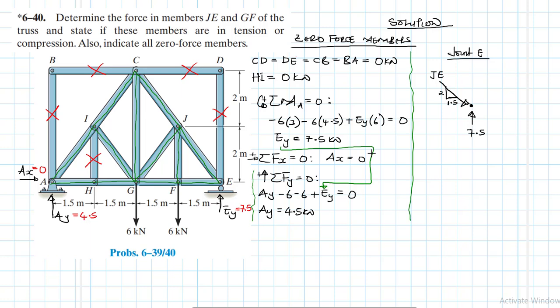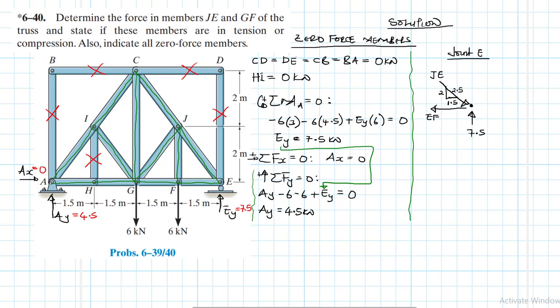So we have 1.5 plus 2 rise. Root of that, that's 2.5. Okay, and then let's assume the bottom chord, this one, is in tension, like we said. So this one is EF.